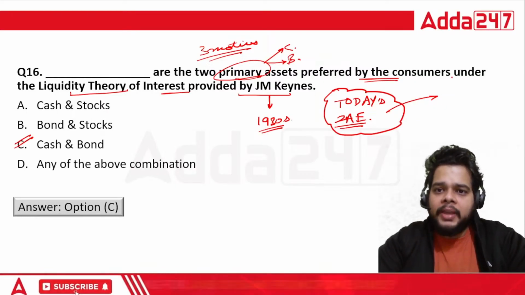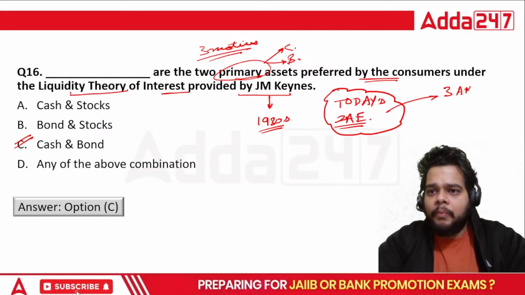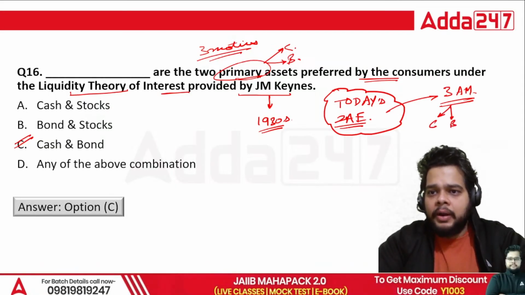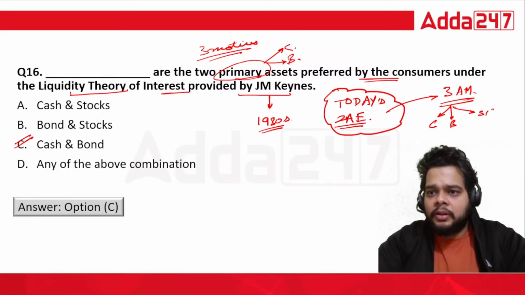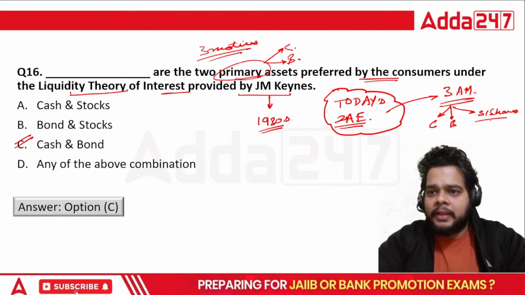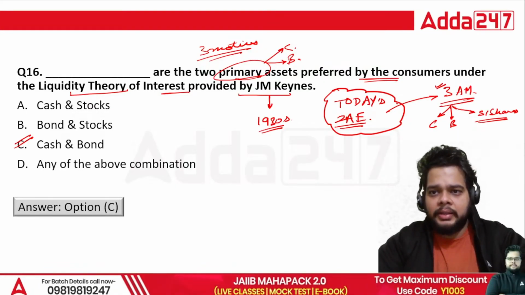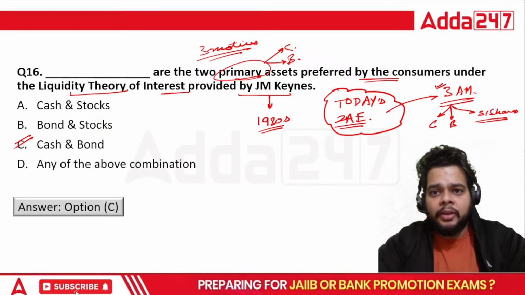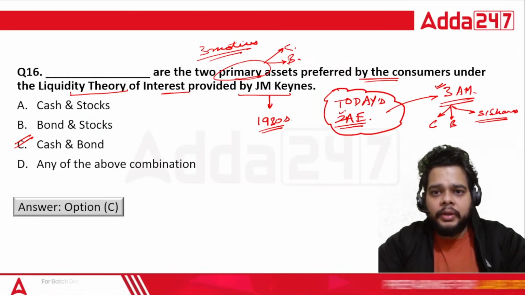But today we have a three asset model, where one is cash, another one is bonds, and the third one is the stocks or shares, the stock market as we call it. So always remember, right now we have a three asset economy determining the overall market, but earlier it was only a two asset economy.